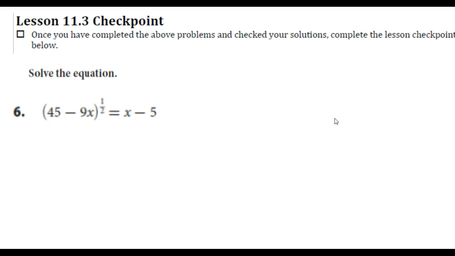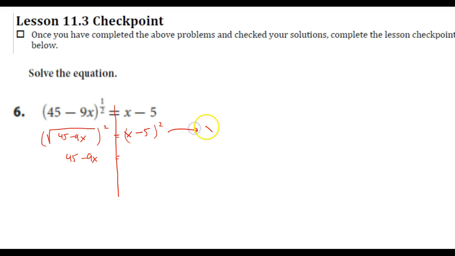Let's continue on to number 6. Here we have a half power. We can write this as a radical. 45 minus 9x equals x minus 5, and we can square both sides. So that would be 45 minus 9x equals, again, let's FOIL this out.